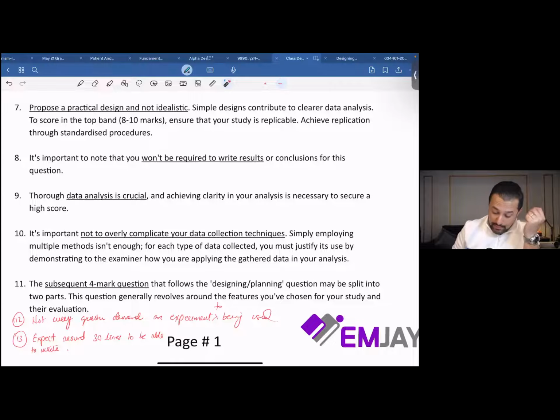To score in the top band, that is 8 to 10 marks, ensure that your study is replicable. Now, remember, replicable studies are better when it comes to reliability. They stand more chances when it comes to the reliability of a research. For the ones who aren't really sure about the difference between replication and reliability, a replicable research is a research that can be conducted again in exactly the same manner.